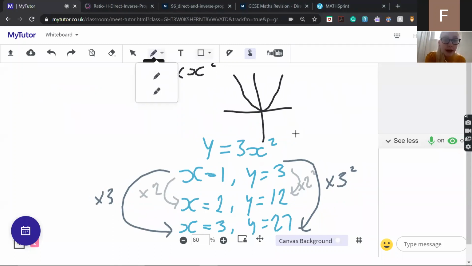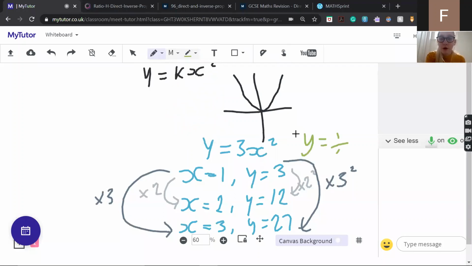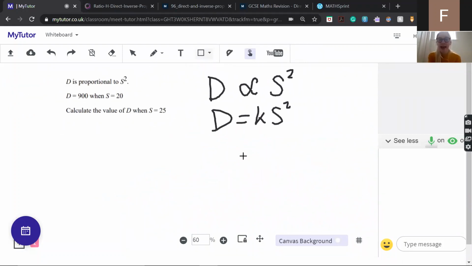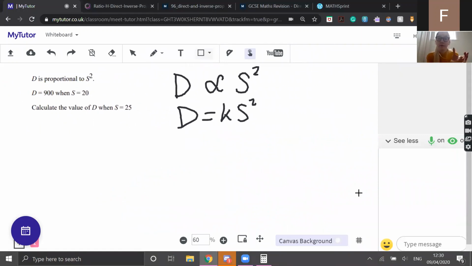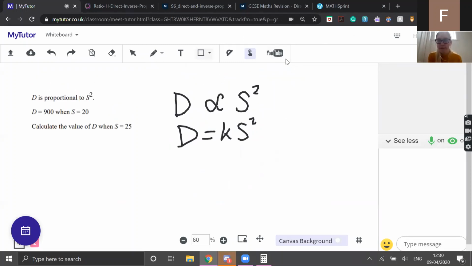So if we have two examples, say y equals a half x squared, in both of these cases y is proportional to x squared, but this k value is different. So we just set it up, we use k as a placeholder because we don't actually know what the k value is yet.